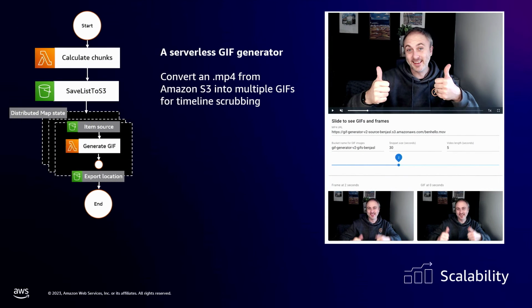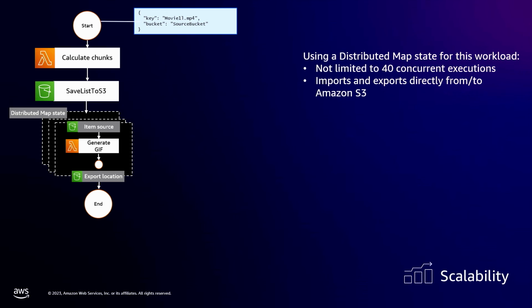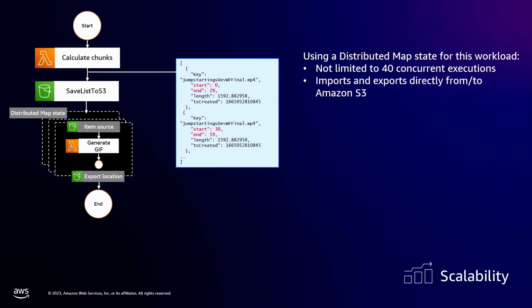Here's a nice visual example of using the distributed map state. This is an application that creates a GIF animation for every 30 seconds of an MP4 file. I drop my MP4 file into S3. That starts the workflow.